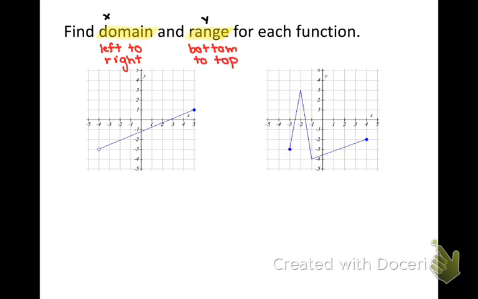Okay. Now, as I look at this first example on the left, the furthest x value to the left that this graph covers is -4. I'm going to write D for domain as we answer this question. And the furthest x value to the right that this graph covers is 5.